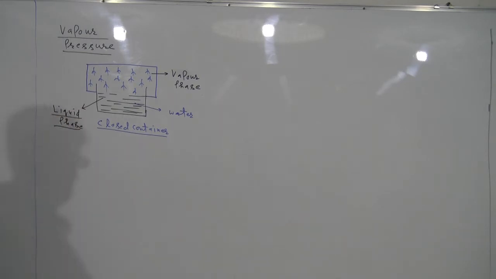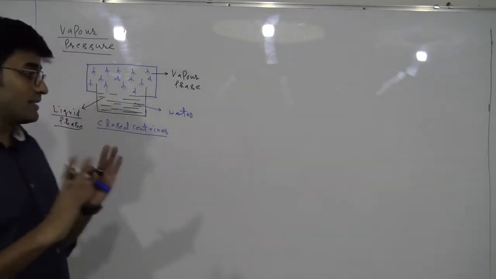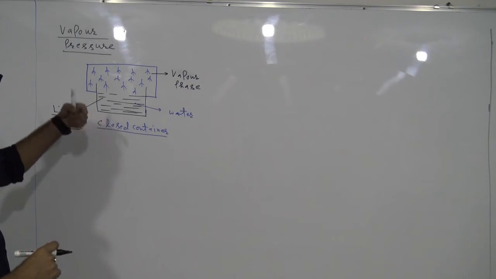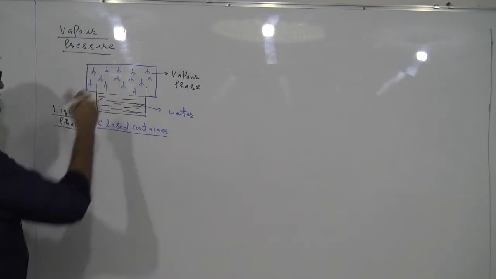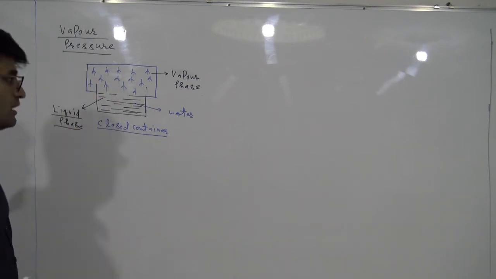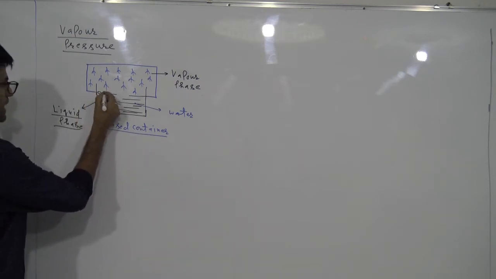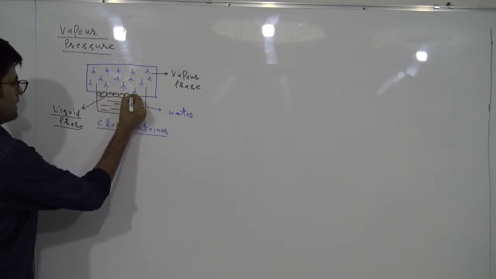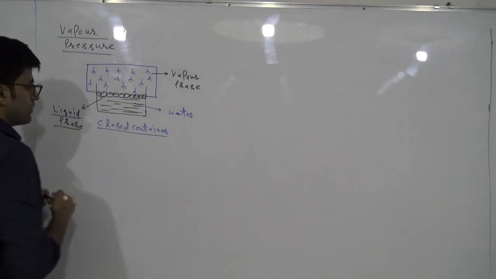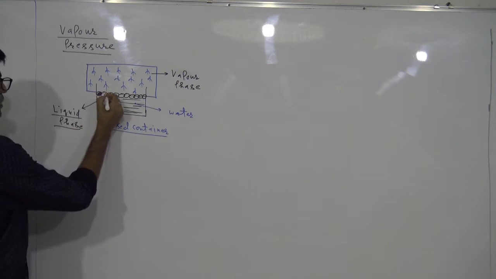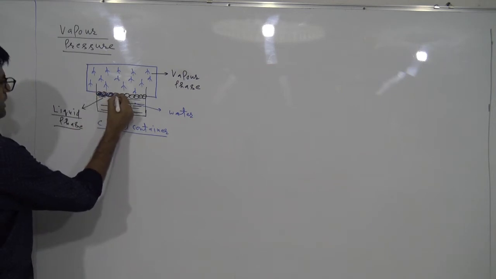Now the most important point is that evaporation is going on at a certain temperature, and due to evaporation, liquids are converting themselves into vapors. You know very well that evaporation is a surface phenomenon, so only surface particles are involved.